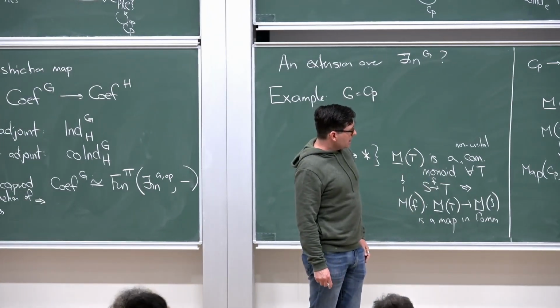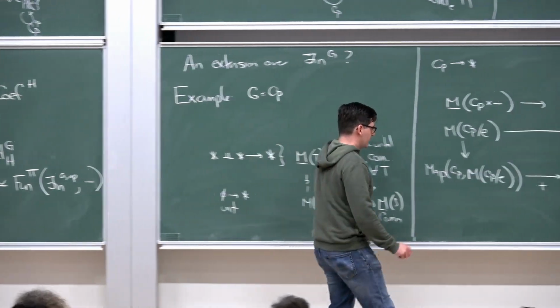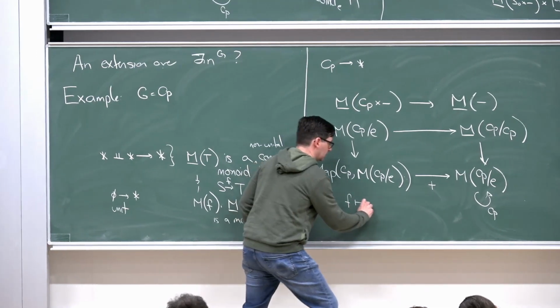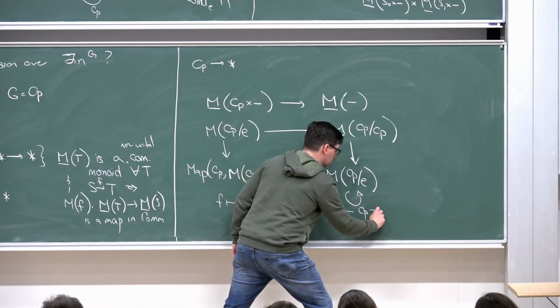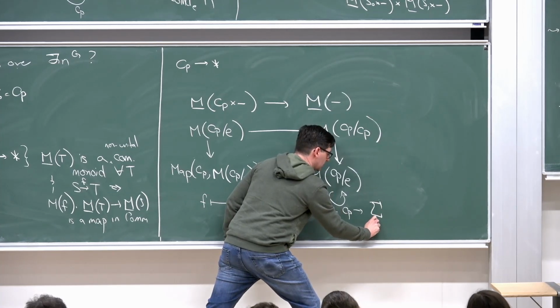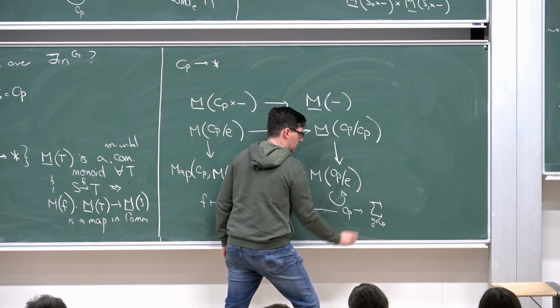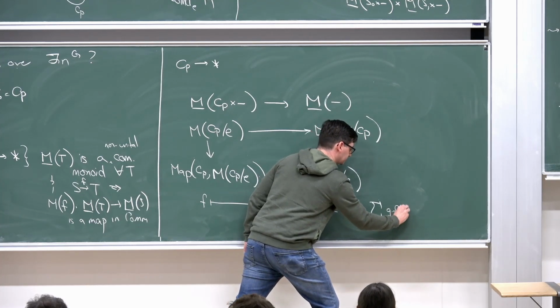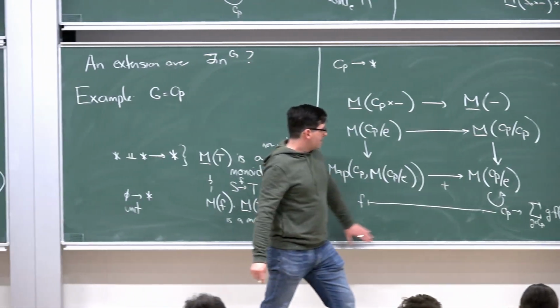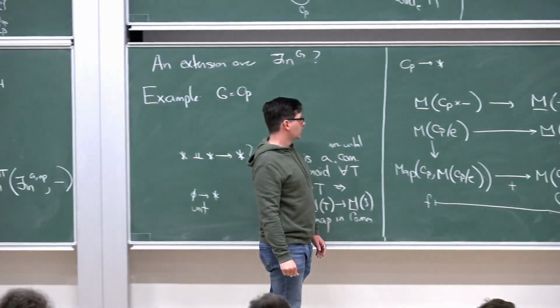And so when I think about what this is, maybe if I write it out, I take a function f and I sum up over G, G times f of M, f of G. And then that actually makes the equivariance work.